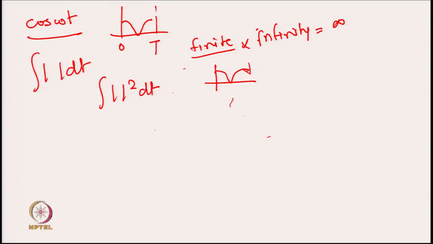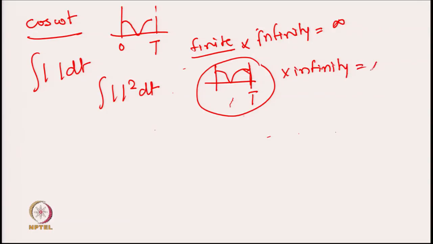When you do this in one period, you will end up with a finite quantity. Again, because cos omega t runs from minus infinity to plus infinity, you have to multiply a finite quantity with infinity and you will get infinity. So, cos omega t is neither L1 nor L2.